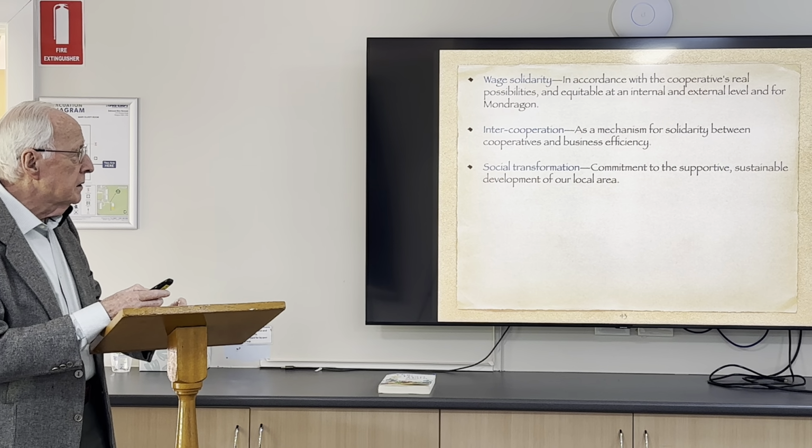Social transformation, commitment to the support of sustainable development of our local area. Universality, in solidarity with the promoters of economic democracy within the context of the social economy, fully embracing the goals of the international cooperative movement. Fair amount in that. Solidarity, that word again and again and again.